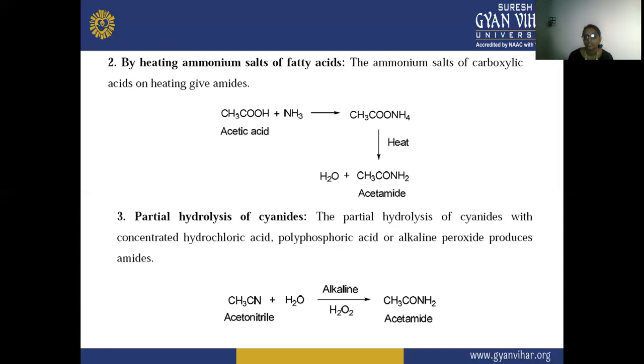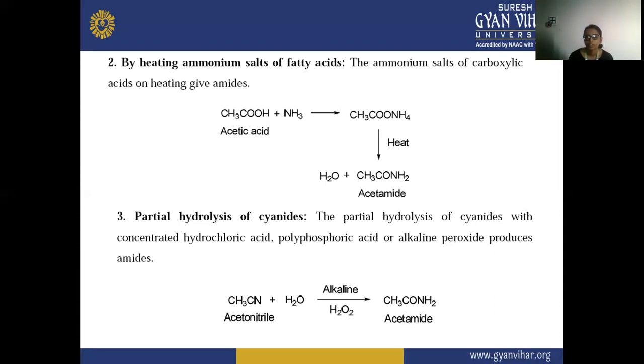Here acetonitrile plus water molecule reacts with the alkaline peroxide, and acetamide is formed here. So that is the partial hydrolysis of cyanide.